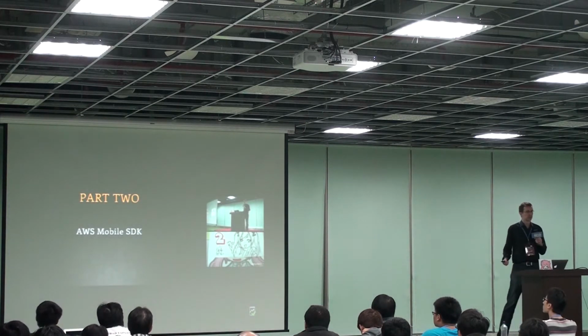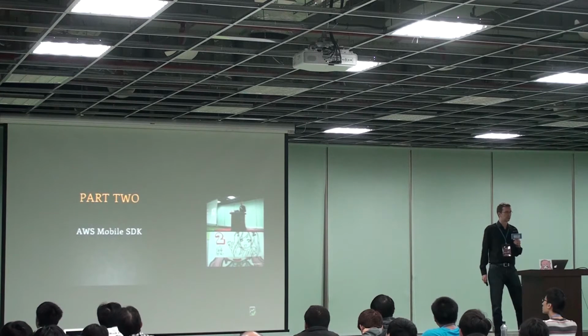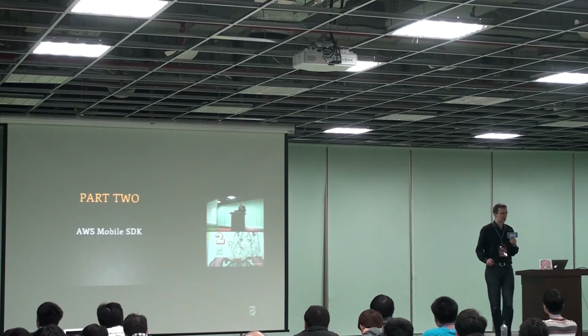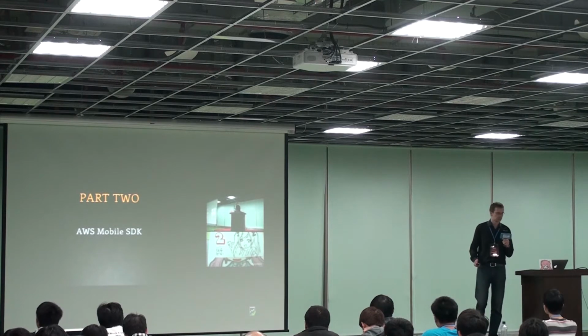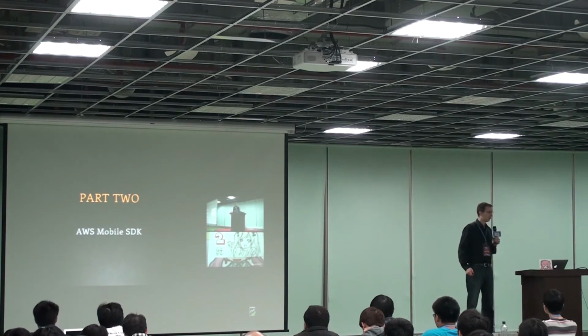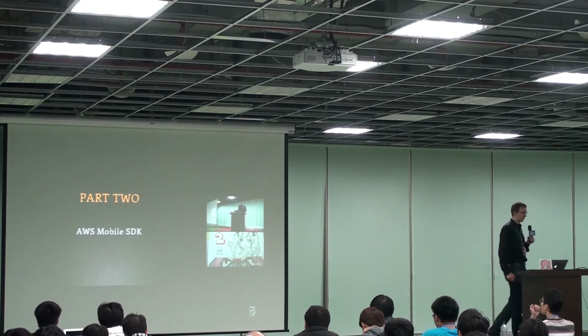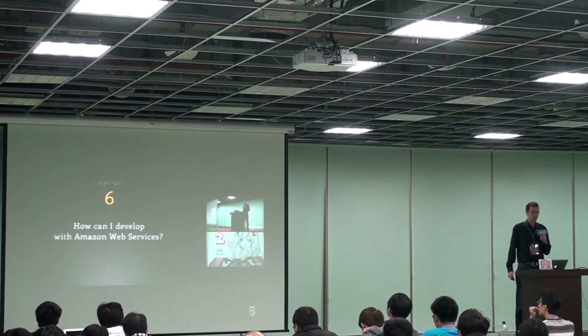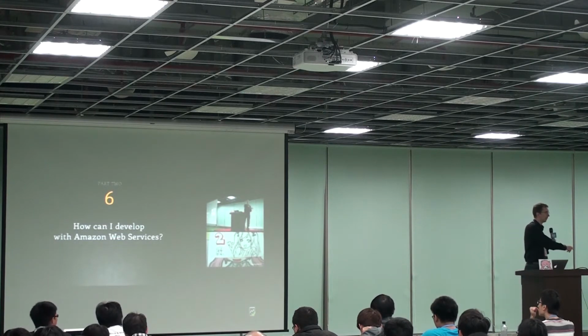Now, switching gears, let's talk about development then. How do you develop applications so that you can leverage the cloud for your backend systems? We have mobile SDKs. So AWS provides mobile software development kits. How can they help me develop with the Amazon backend services?